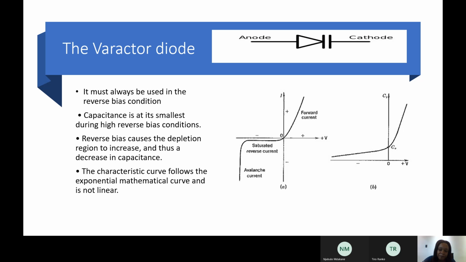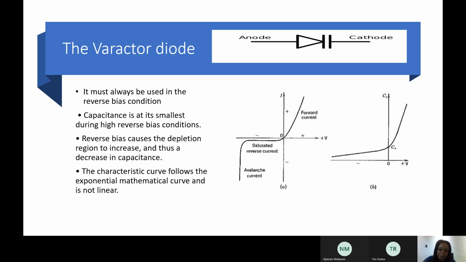The first one, A, is the voltage and current characteristic curve, the same as the ideal one, but you must understand that this Varicap diode has capacitance, so you also have to draw a characteristic curve with the capacitance. As we increase our capacitance, we will basically increase the voltage.